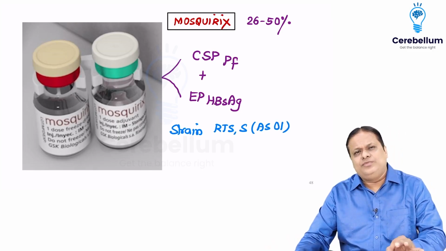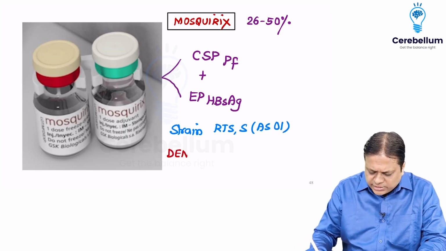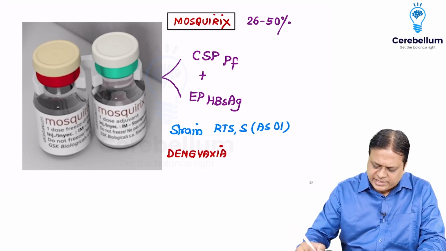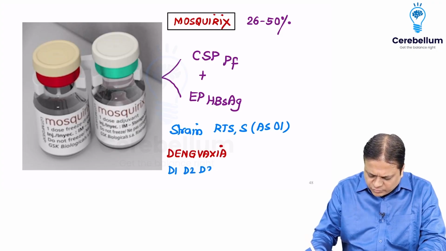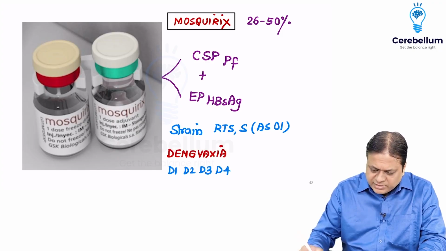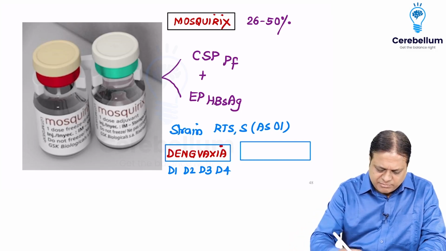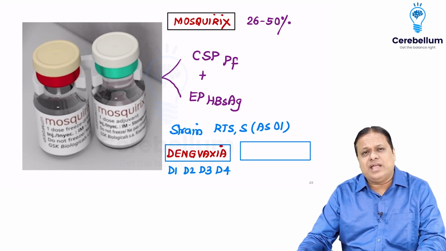Similarly, a new vaccine which was launched but subsequently withdrawn because of safety issues for dengue was Dengvaxia, a live attenuated tetravalent vaccine having all 4 strains of dengue virus: D1, D2, D3 and D4. Do we have a similar sort of new landmark vaccine under trial for leprosy?